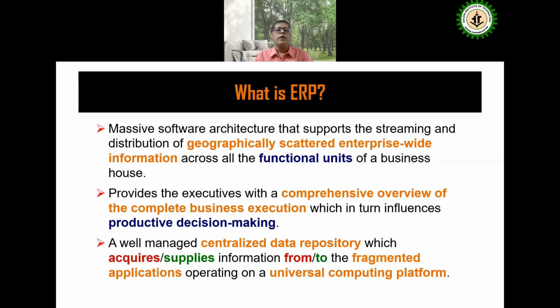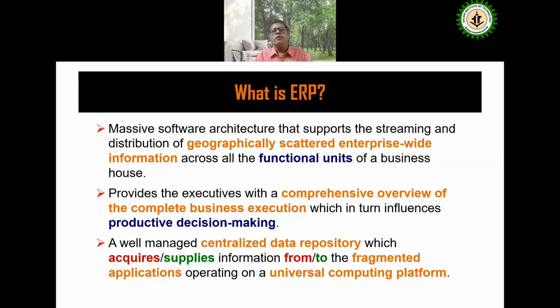Whenever these data are stored in an organized manner in a common DBMS system, then it becomes easy for the executive. Suppose the executive needs the data related to how many units of a particular product are sold in a particular region. If it is low, then what possible actions can be taken to maximize the sales?